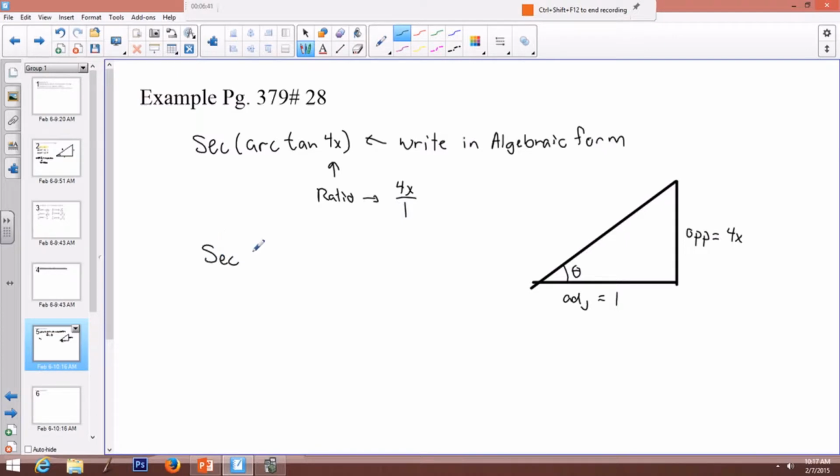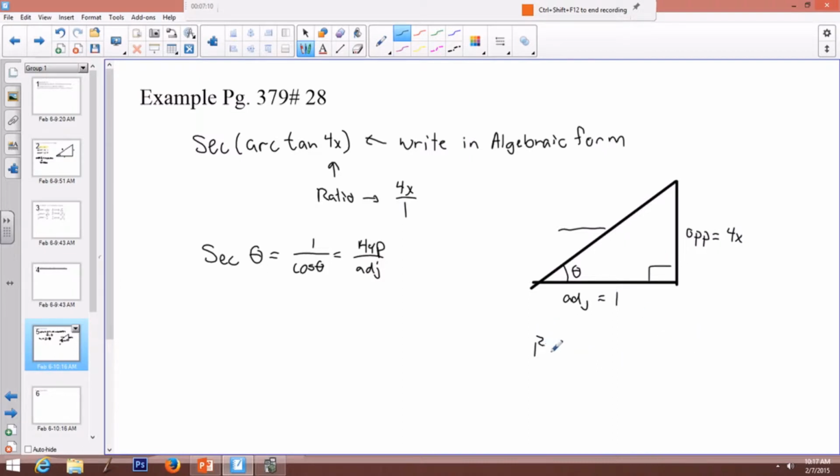So I get the secant of theta, and I remember that the secant of theta is 1 over cosine of theta, which is essentially the hypotenuse over the adjacent side. Now, the problem here is I don't know what the hypotenuse is yet. But I do know two sides of a right triangle, so I can use the Pythagorean theorem.